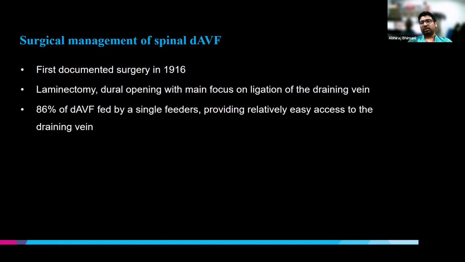Since 86% of dural fistulas are fed by a single feeder, it provides relatively easy access to the draining vein and makes surgery relatively quick, given that you have precise localization of the dural fistula. And as we'll discuss next, surgery can also be done minimally invasively, with a lot of recent publications showing very good outcomes with much less invasive surgeries.